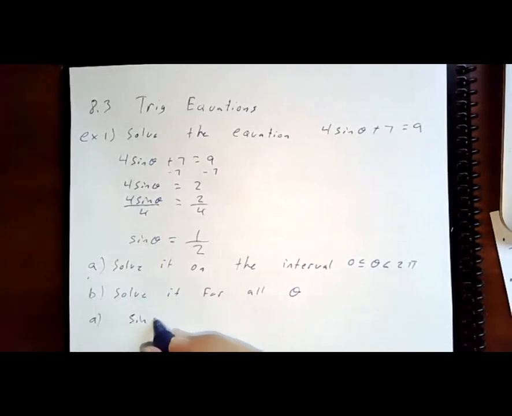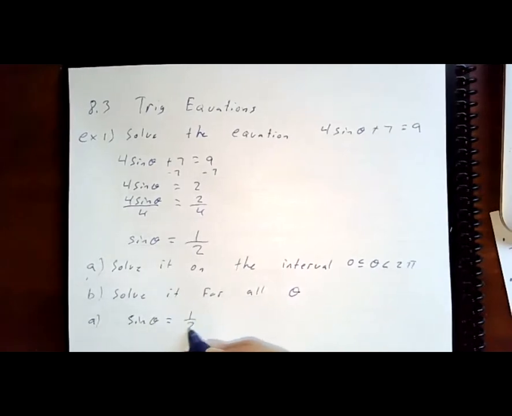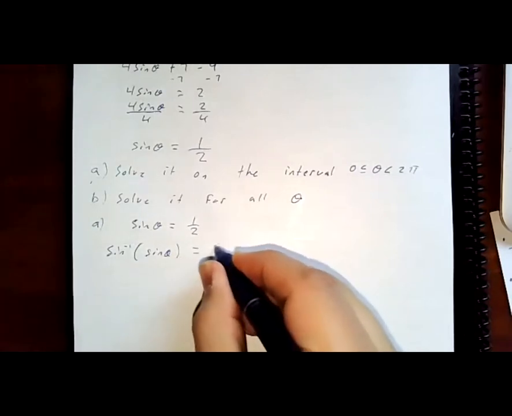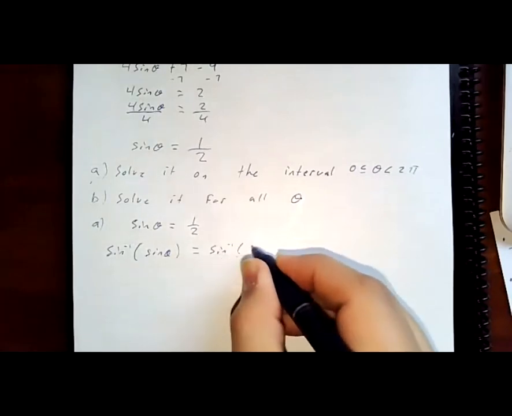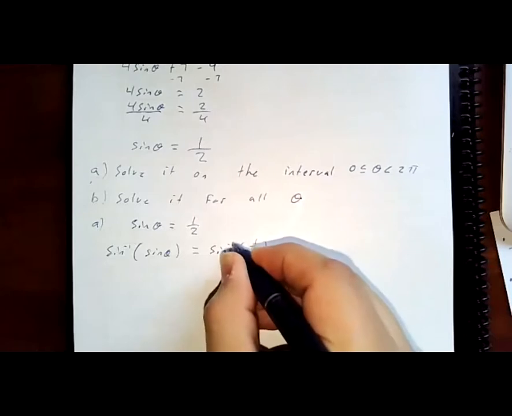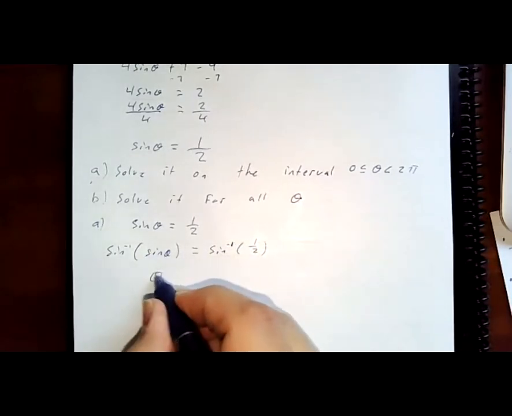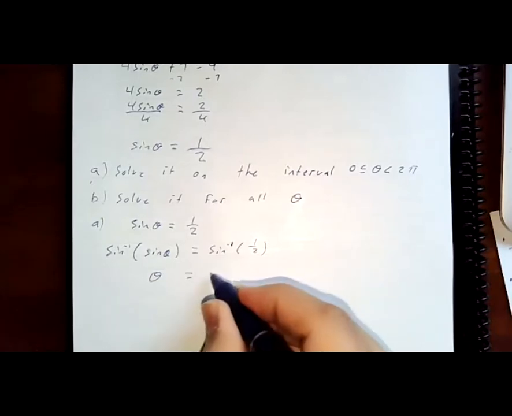So sine theta, we already solved for it, so it doesn't do much anymore. We will do sine inverse of both sides here. So this will undo the sine, like we said last time. So we have theta.